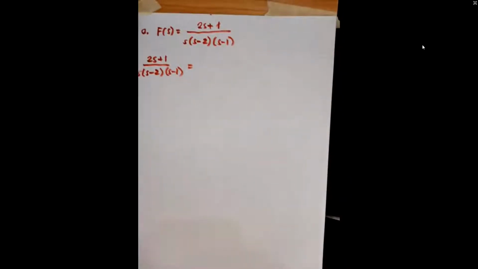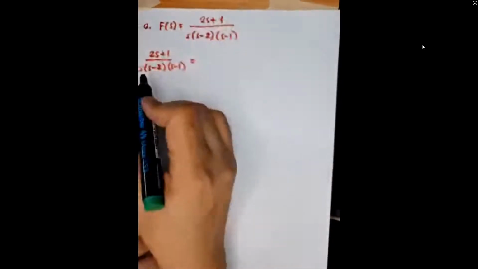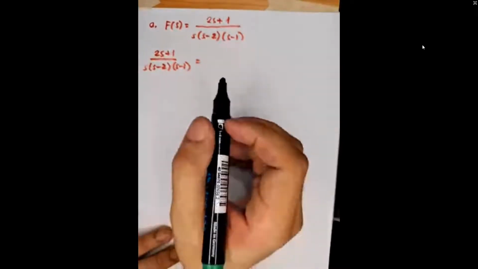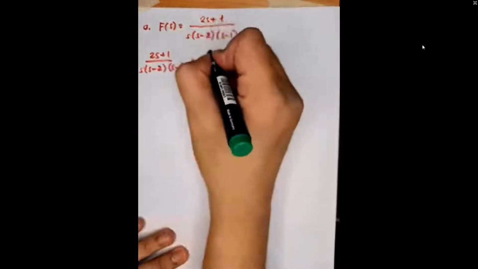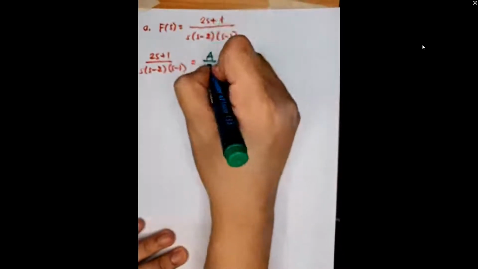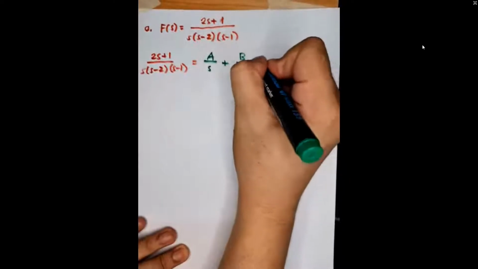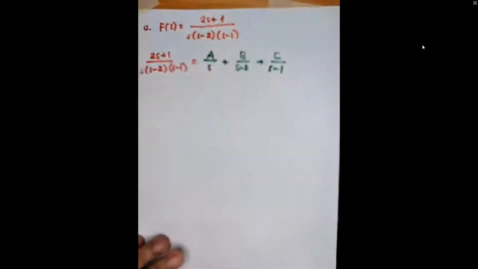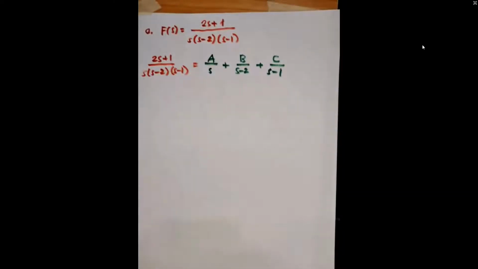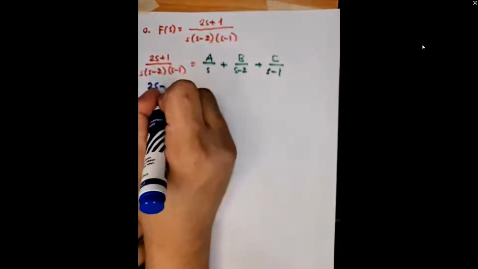So, we'll take the form. If you check, all of them are linear factors, case number 1. So we'll have A over s plus B over s minus 2 plus C over s minus 1. Okay, so what we can do is add all of them again. So let's copy.